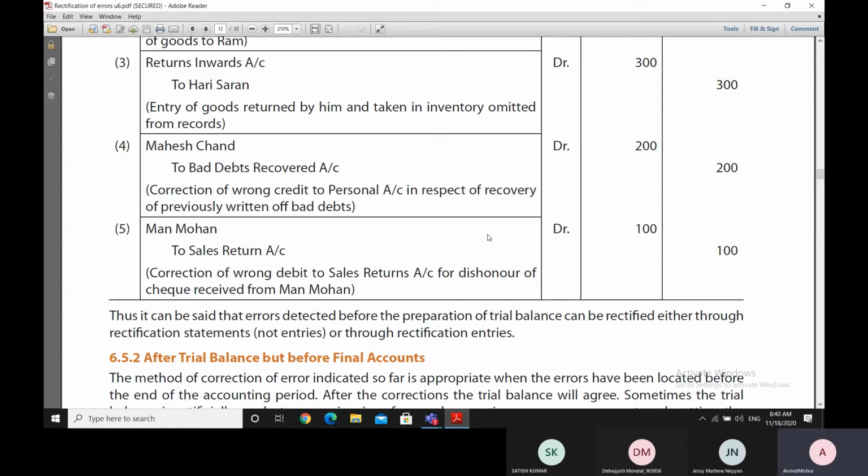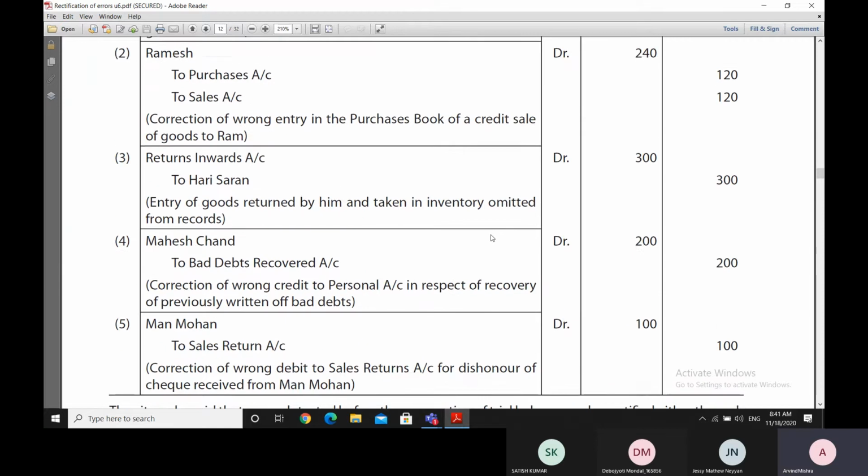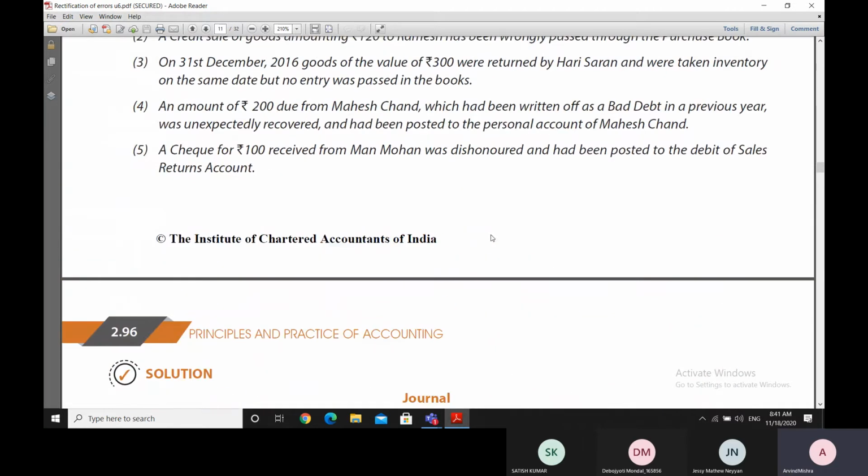But actually what we had done was that we had posted it to the debit of the sales return account, and actually we should have posted it to the credit of the sales return account.